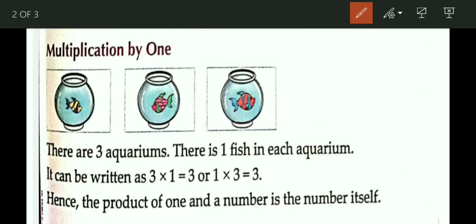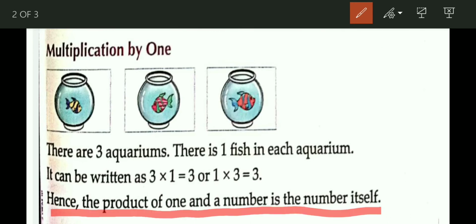Okay, so what does it say here? Hence the product of 1 and a number is the number itself. So do you see here 3 into 1 is equal to 3? When you multiply 3 with the number 1, you get 3. It means if you multiply any number with 1, you will get that same number.